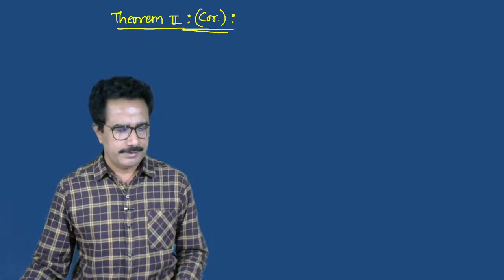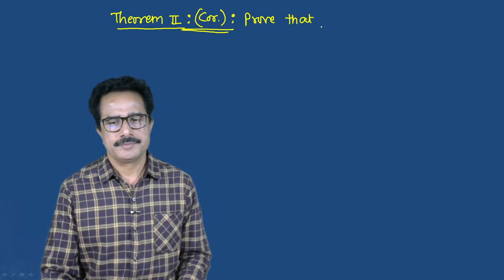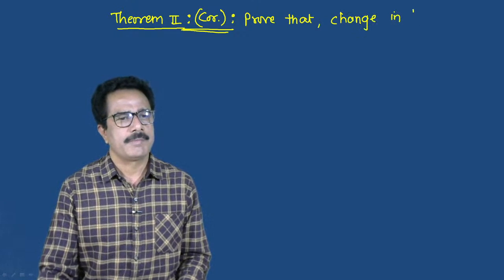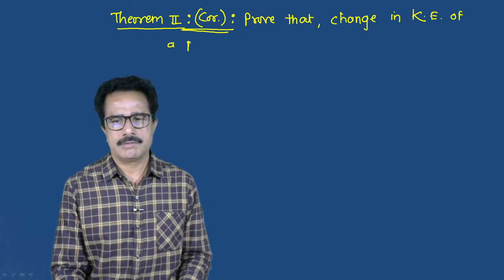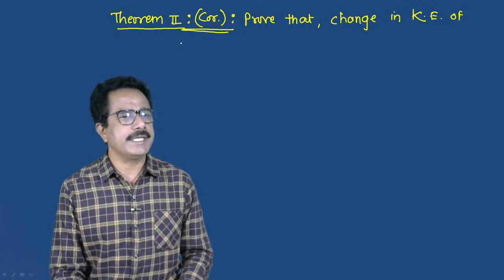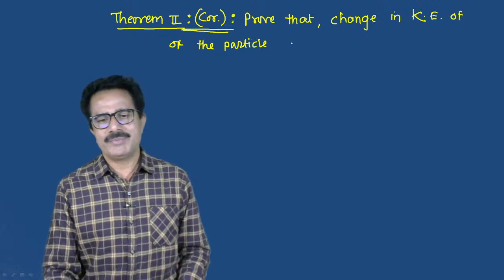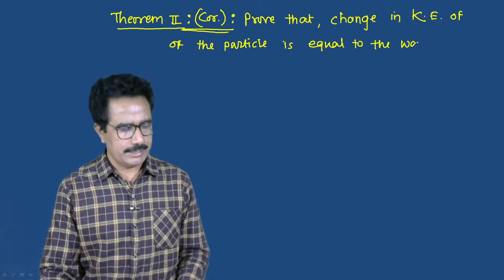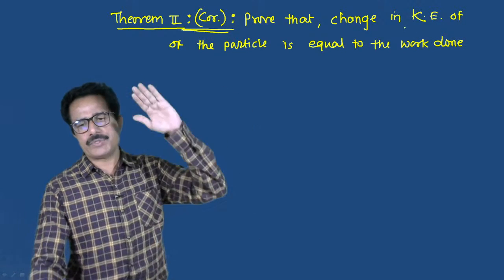Prove that the change in kinetic energy of a particle, change in kinetic energy of the particle is equal to work done. Change in kinetic energy is equal to the work done, which we have to prove.